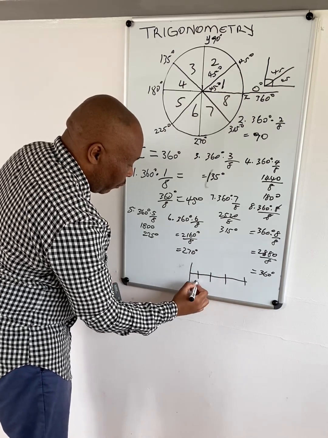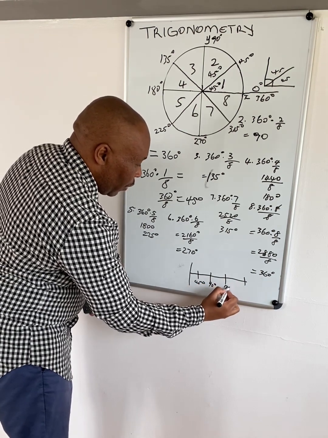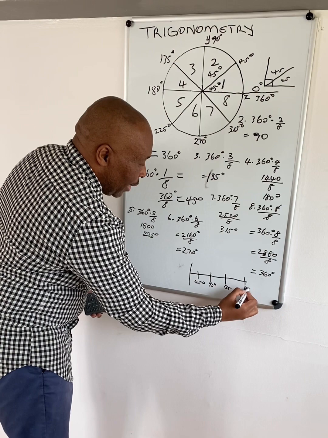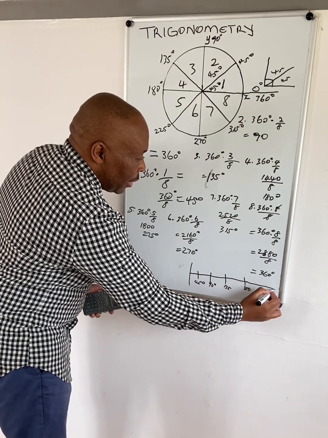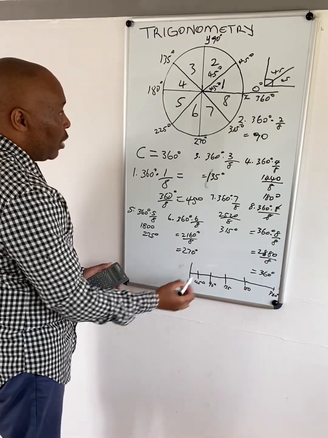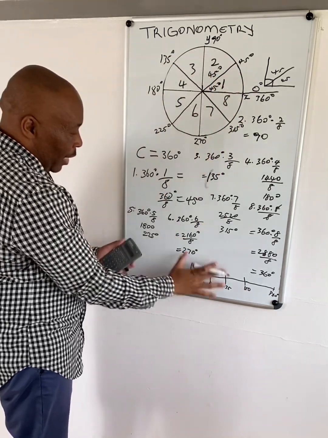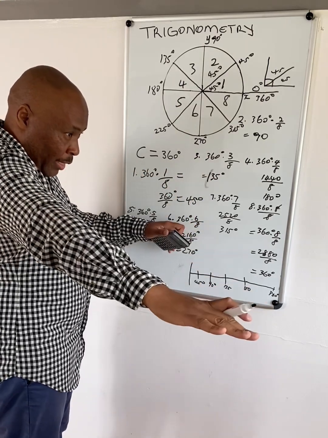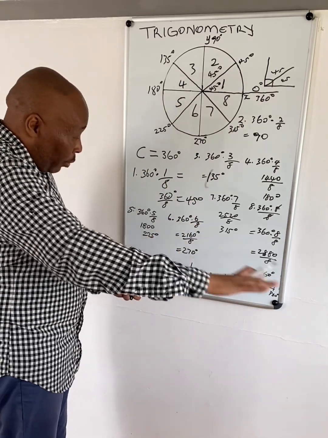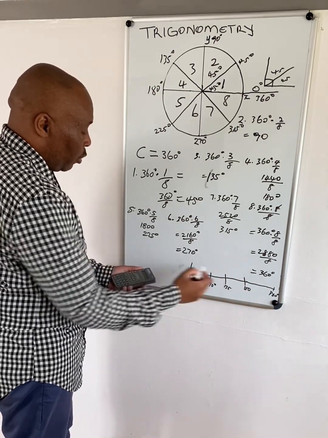So you have your 45 here, you have your 90 here, you have your 135 here, you have your 180 here, and on up until we get to 360 degrees. It's the same thing, it's just that here it's in a circle. Here we take the circle and we put it flat, make it a flat line. You will see it when we're doing graphs.